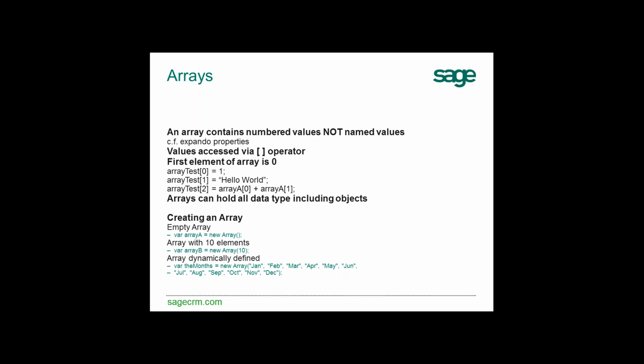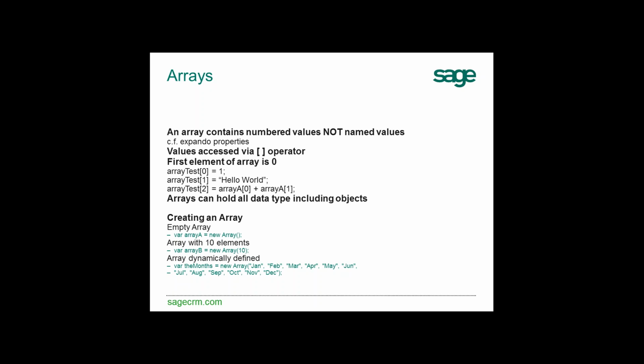So if you ask for all of the inputs or all of the fields or all of the spans within a particular document in JavaScript, chances are it's going to come back as an array, and you need to be able to work with the idea of an array.